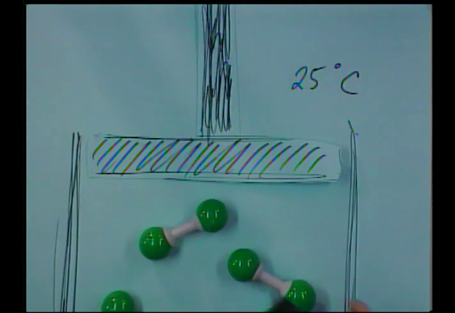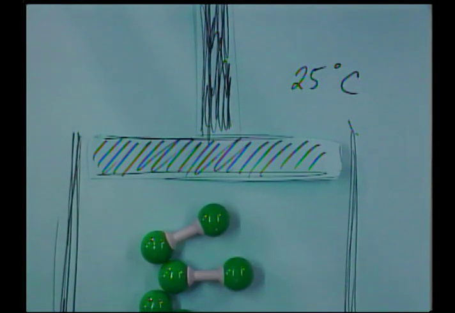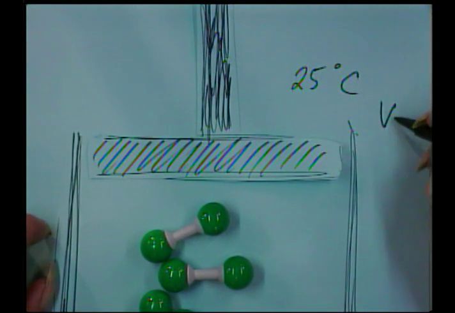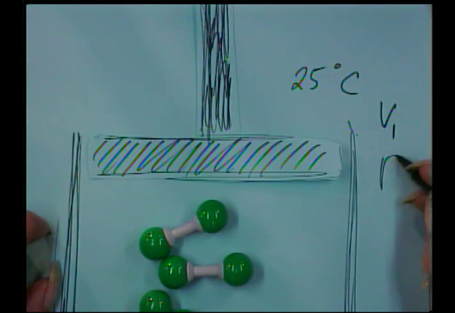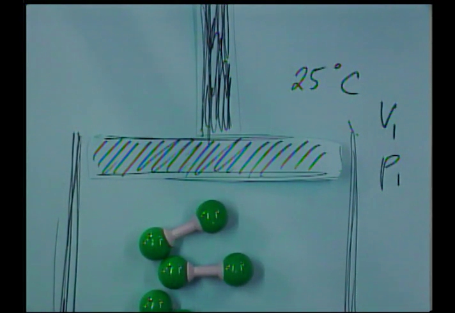So we have a constant average speed of the molecules. Now if in the volume, let's call this volume 1 and P1, if I could measure the pressure that is exerted onto the gas and calculate the volume in which the particles move about in, and I can multiply these two values or dimensions, then I will get a certain number.